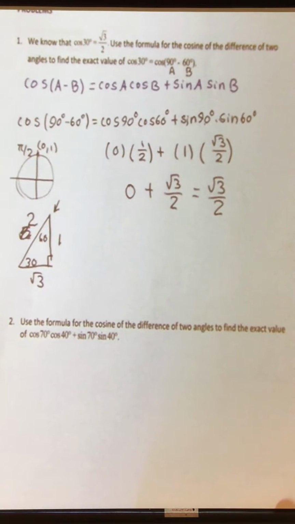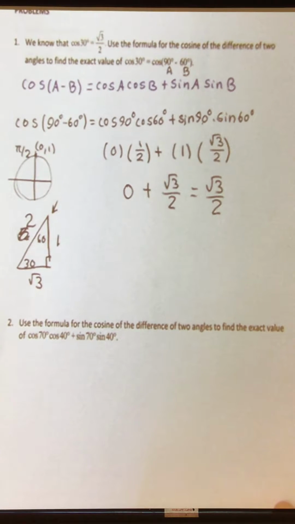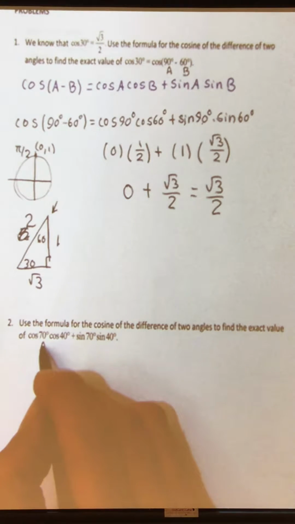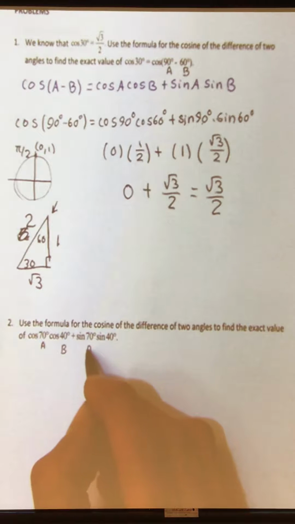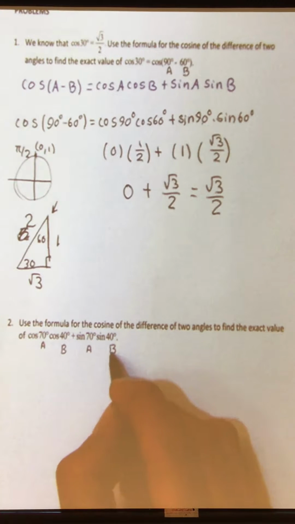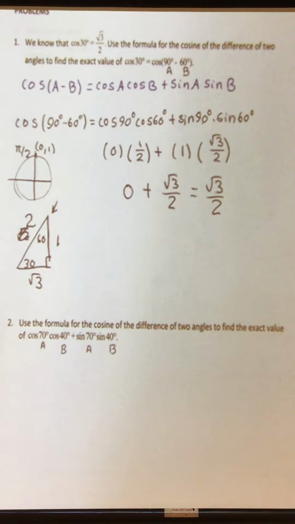Now in problem 2, we are given essentially the right side of the identity. So we are given cosine A, cosine B, plus sine A, sine B. And we want to use the identity in reverse.